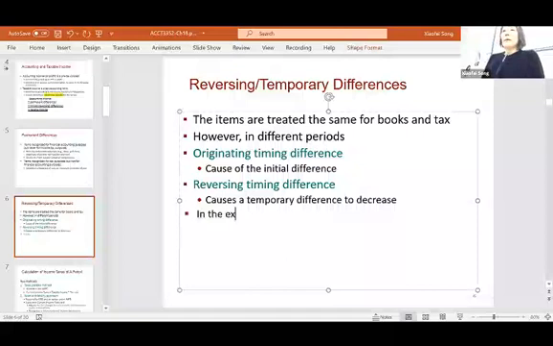Let's take the example of installment sales, which we talked about.